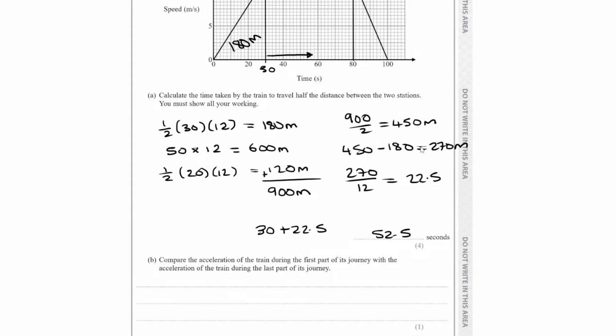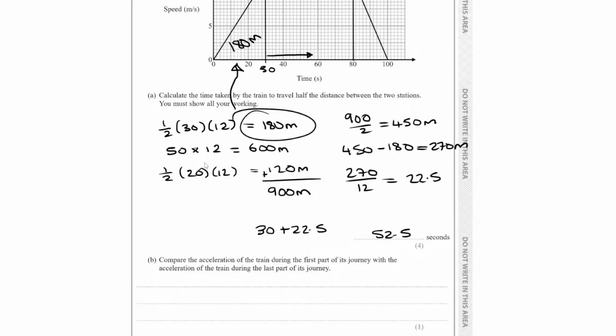Where did the 180 come from? Do you see here, the triangle? I already know that that triangle is 180 meters. Because it was a triangle, I needed to do it separately to the rectangle. If it was all one big rectangle, I would have just done it straight away. But because the first bit was a triangle, and then it went into a rectangle, which is a different shape, that was the reason.